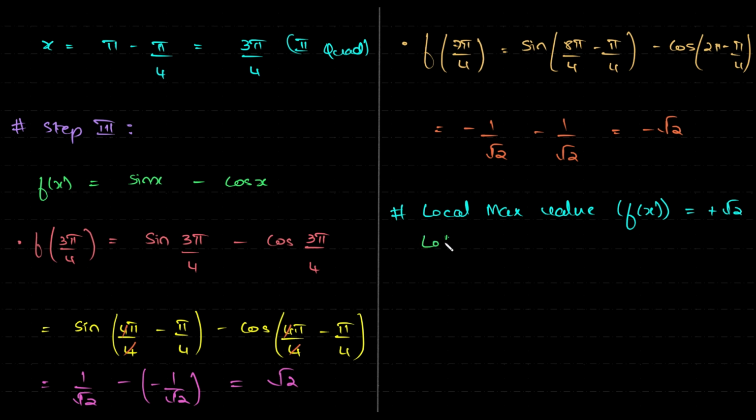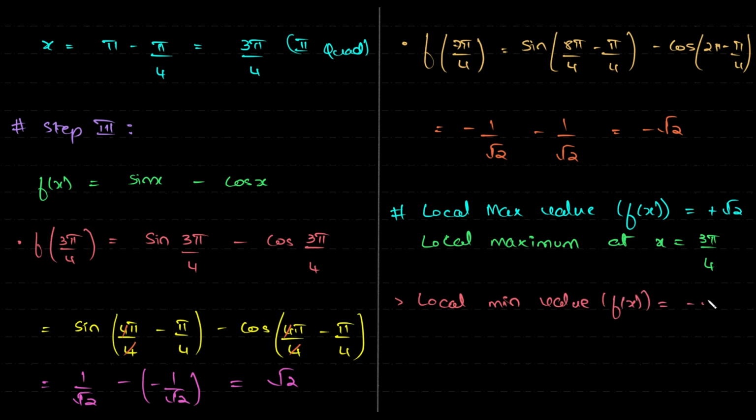The local maximum occurs at x is equal to 3 pi by 4. Then we have the local minimum value of f of x, which is equal to minus root 2, and the local minimum occurs at x is equal to 7 pi by 4, right?